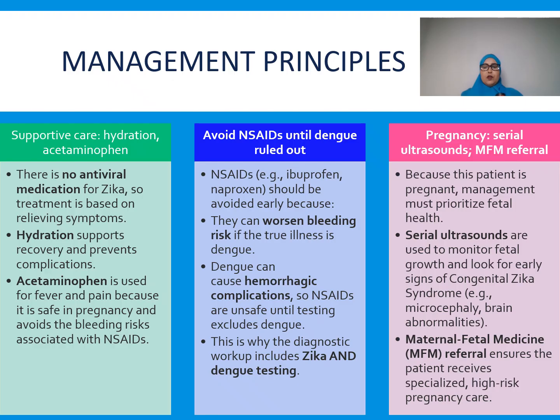Serial ultrasounds are used to monitor fetal growth and look for early signs of congenital Zika syndrome, like a small brain or abnormal brain. You want to refer to maternal-fetal medicine to ensure that the patient receives special high-risk pregnancy care.